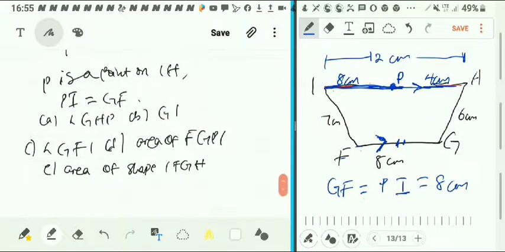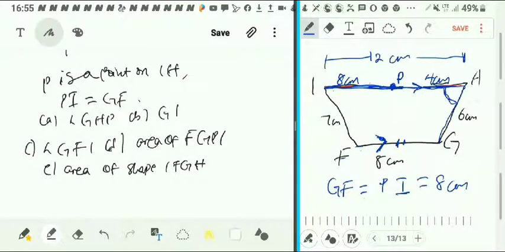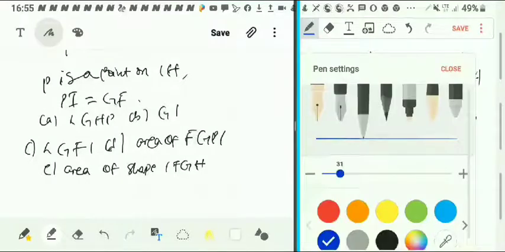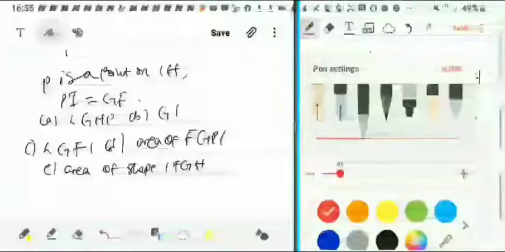So first thing, get angle GHP. This angle, G to H, H to P. So we are looking for this angle here. How are you going to get this angle? I've told you, when you see complex shapes like this, you have to make instances of a triangle if you can.